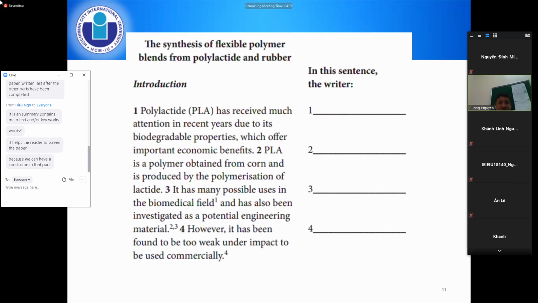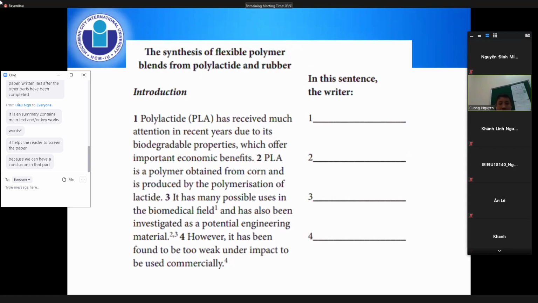Number 2, they explain what PLA is, kind of providing more background information about the key term or the technical term used here. So I would describe sentences number 2, 3, and 4 as the same: they provide background information about the study, about the topic in question.